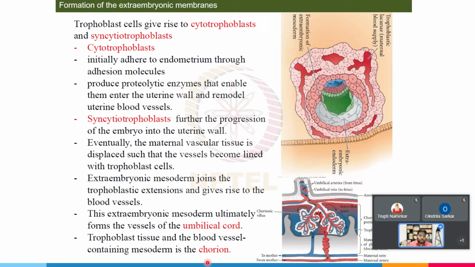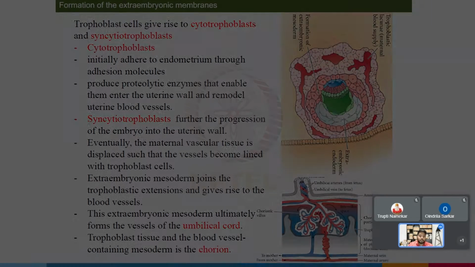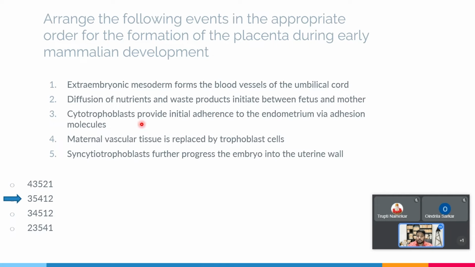Cytotrophoblasts give rise to the adhesion, syncytial trophoblasts help in further progression, syncytial trophoblast cells replace the maternal vascular tissue, extraembryonic mesoderm forms the blood vessels and the umbilical cord, and finally the placenta starts working and there is exchange of nutrients between the fetus and the mother. The correct option is 3.